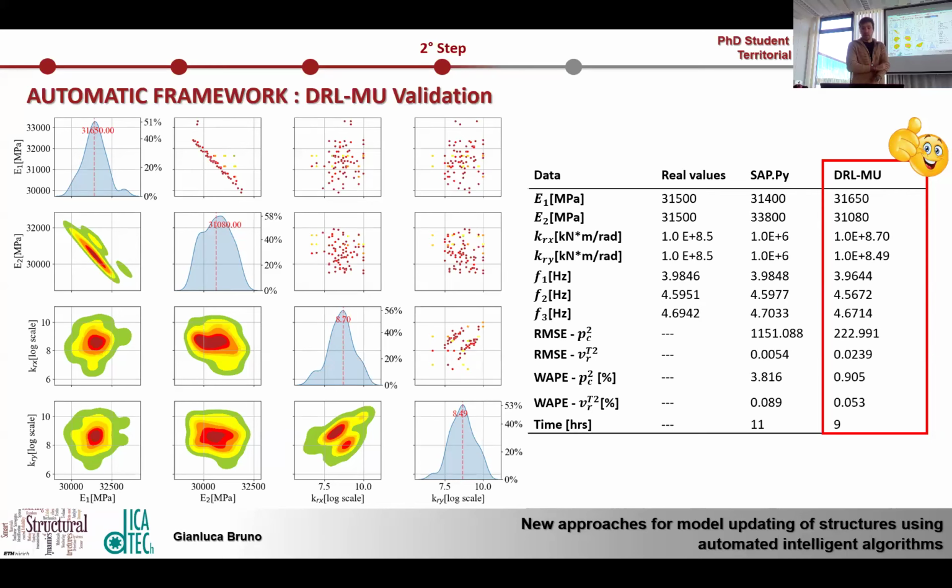And if we observe the metrics, the absolute percentage errors are very low for the deep reinforcement learning process, and the time is less than the time taken for the manual updating.